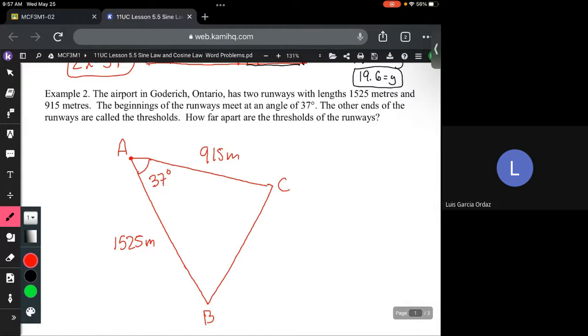So given the information and what we learned the past 2 days, which law would you use to solve this problem? Remember, you have two sides and an angle in the middle. Cosine law. When you have two sides and an angle in the middle, you use cosine law.